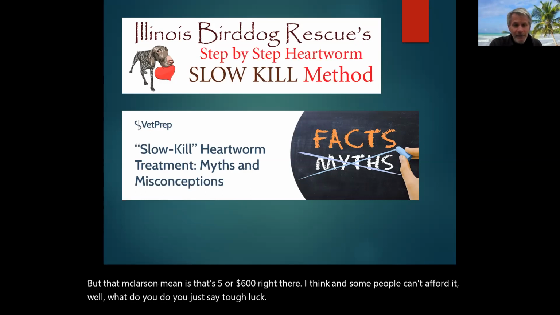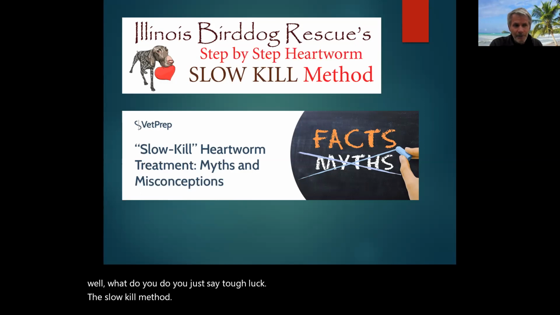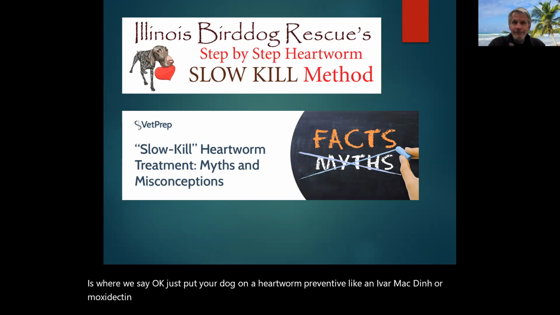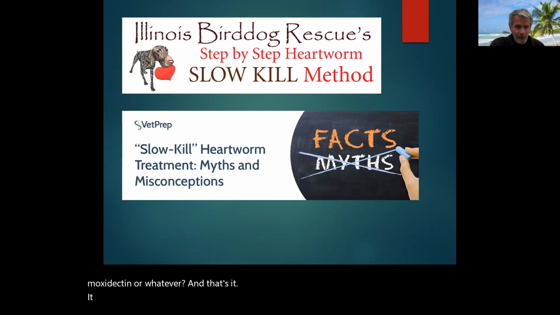The slow kill method is where we say, okay, just put your dog on a heartworm preventive like an ivermectin or moxidectin or whatever, and that's it. It doesn't kill anything. Well, I'm sorry, it doesn't kill the adults. Only the melarsomine will do that.